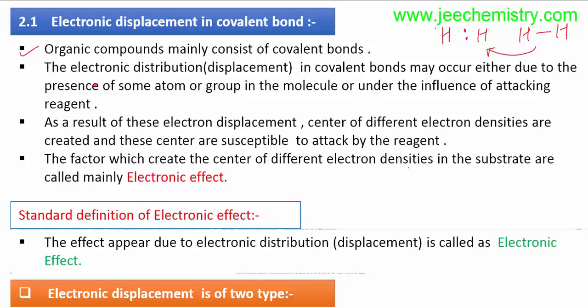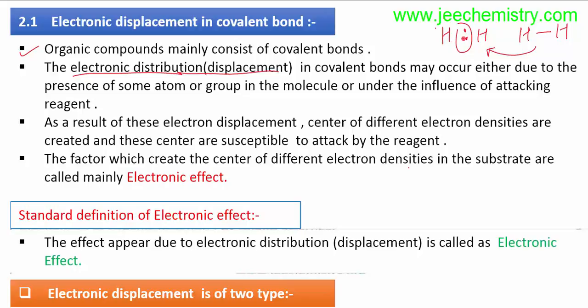we can say electronic displacement or electronic distribution. Both have the same meaning. So when there is some attacking reagent, or some atoms or groups attached to this, there is a distribution of the electrons, a displacement of electrons. Now it is in the middle, but under some circumstances, if some more electronegative atom is present on either side, there is a slight shift of these electrons towards one atom.